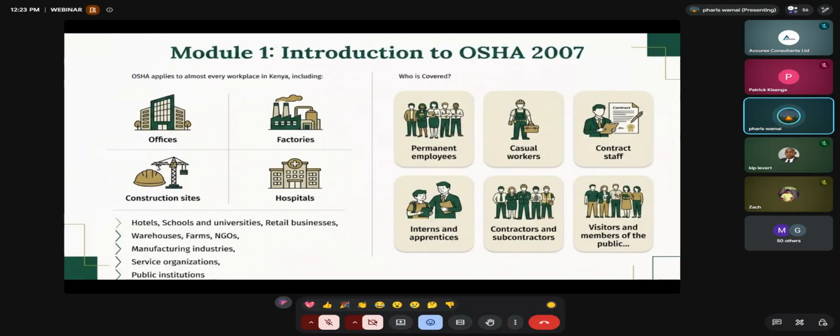So it's your responsibility. It is always good practice, if you have a supplier who is coming to your workplace, that you provide them with any necessary PPEs. You provide them maybe with a very small induction. Just tell them, in case of a fire, this is what we do. These are the hazards. This is how we manage them before they come into your workplace.